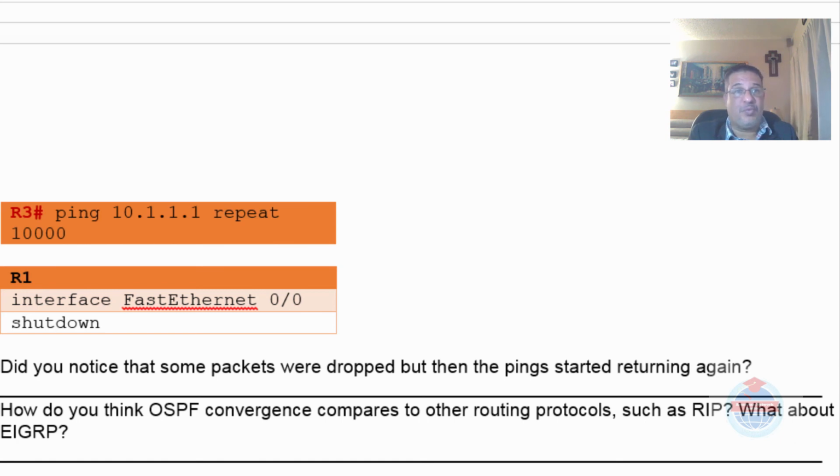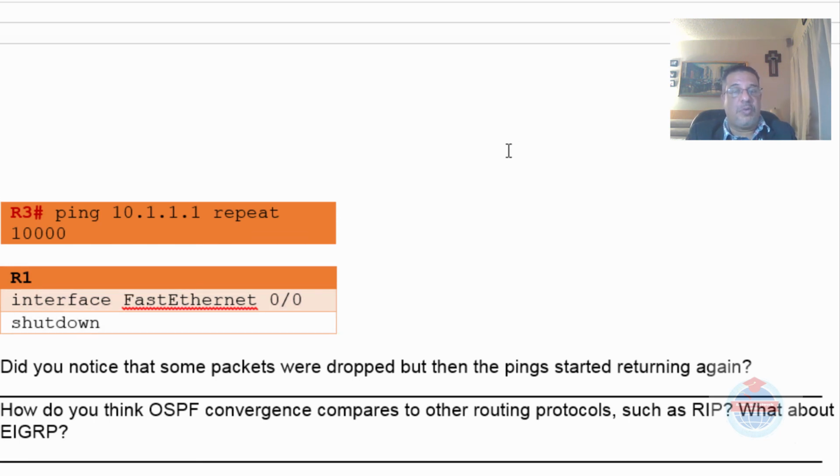What about EIGRP? EIGRP, I think, is the fastest one, and it was made specifically for large environments. So when you are thinking about the network that you're going to be using, at the moment that you choose between the protocols OSPF, RIP, or EIGRP, this is something that you really need to focus on and put some value on.